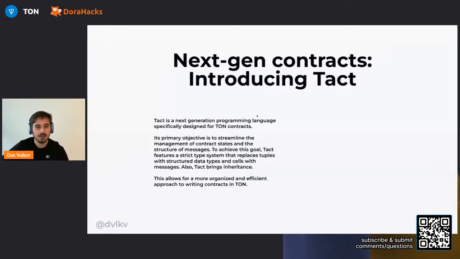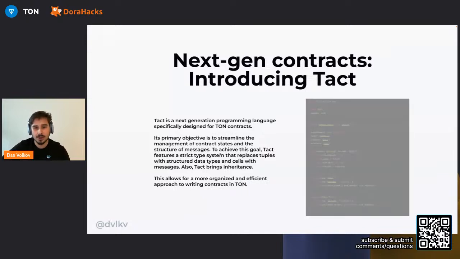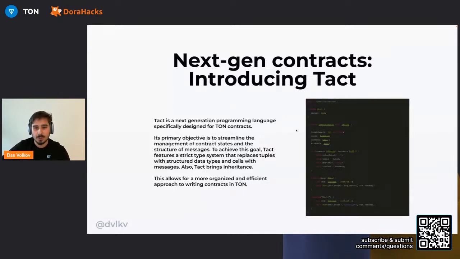I want to introduce Tact. Tact is a next generation programming language specifically designed for TON contracts. And you can implement contracts like that. It has inheritance, and to implement JSON, we just need to inherit it and then create some custom logic.